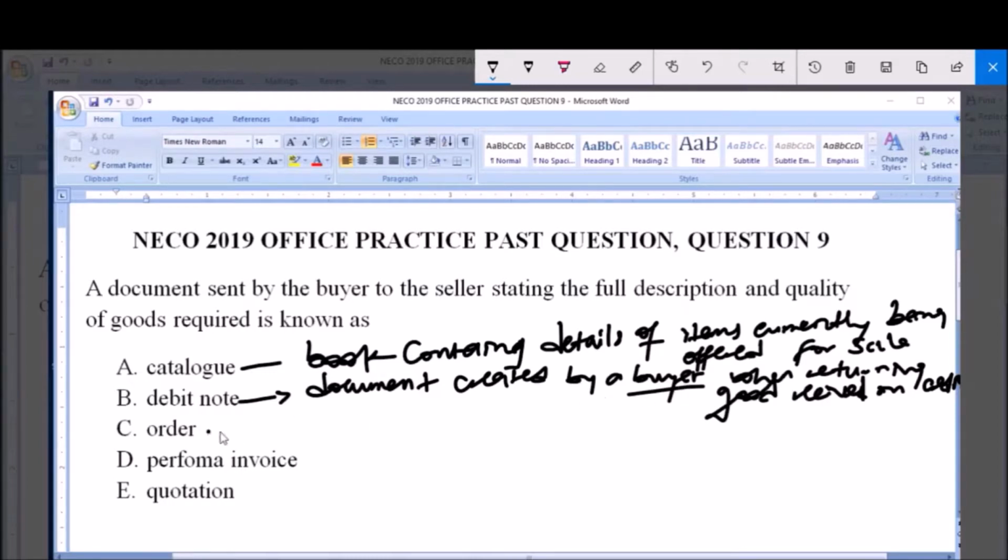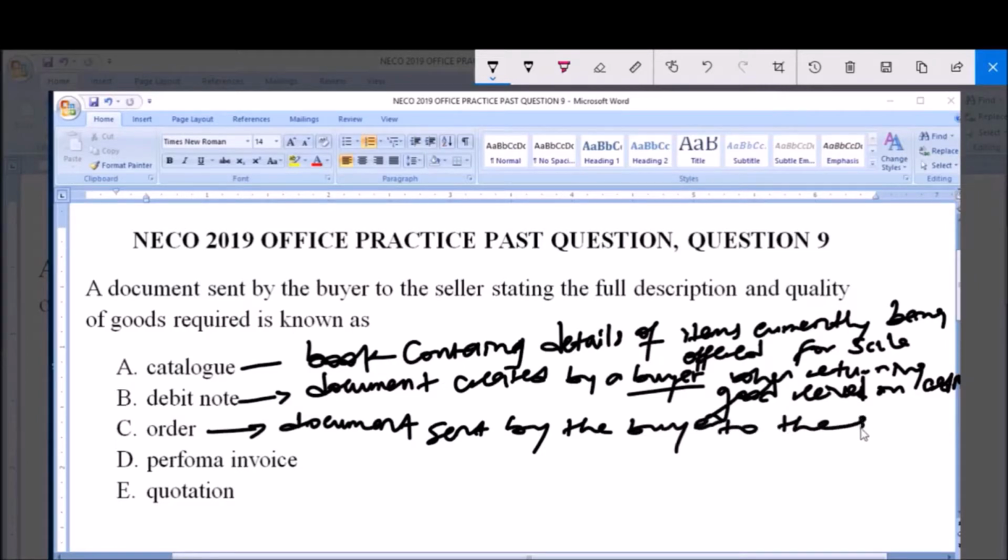Now C says order. What is order? Order is a document that is sent by the buyer to the seller, stating the goods required.